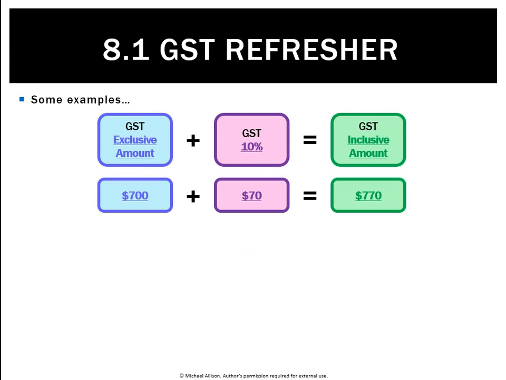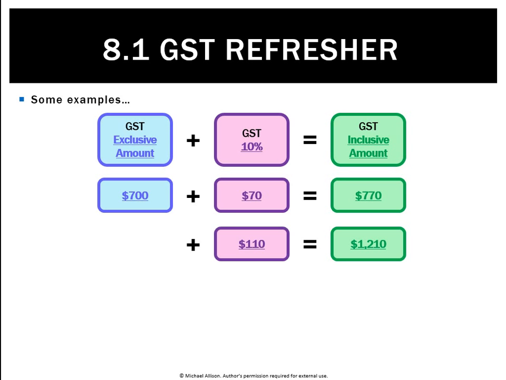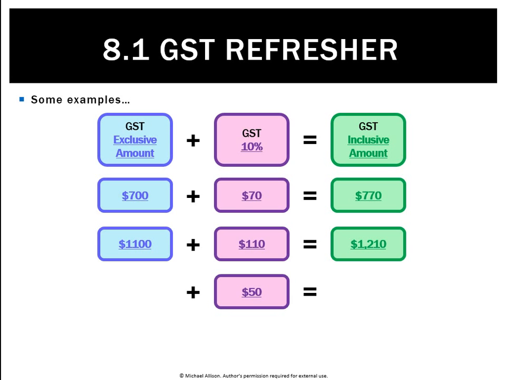Some other examples, quite basic: $700 plus 70 is an inclusive amount of $770. We get given the $1,210 inclusive amount, we divide that by 11, and that'll give us GST of $110, and working backwards, the exclusive amount will be $1,100.